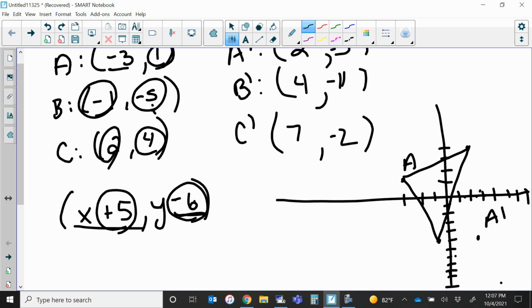So 4, negative 11. And then finally 7, 1, 2, 3, 4, 5, 6, 7, negative 2. And if I connect these, does everybody see how this whole thing has just been shifted an equal distance? Yes or no?